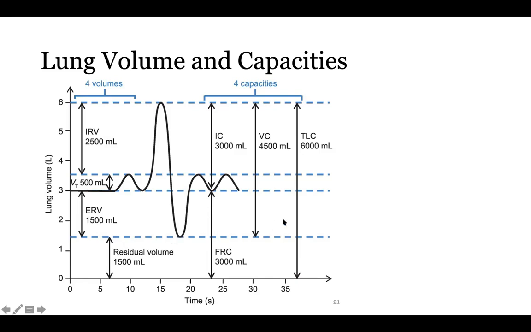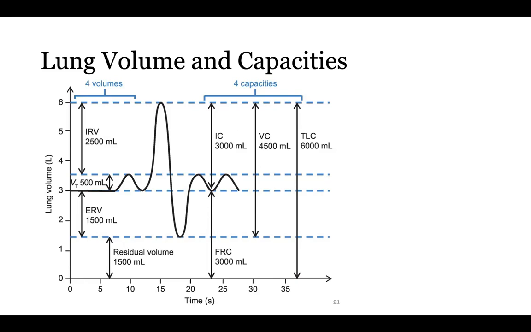We can add everything into the total lung capacity. It is the vital capacity plus the residual volume, or the inspiratory capacity plus the functional residual capacity. We can measure all of these volumes except for the residual volume.